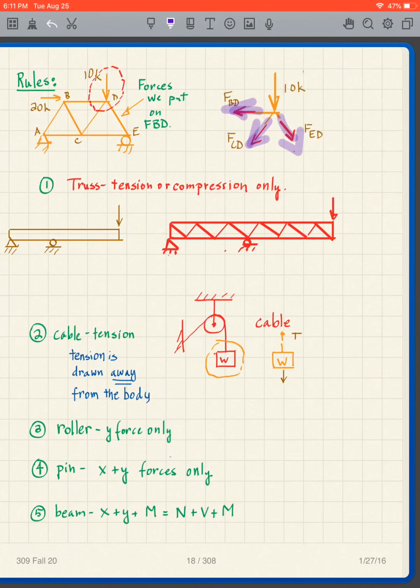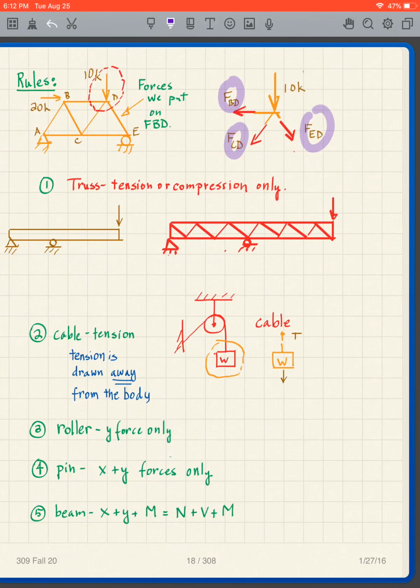When they go away from the body, that is tension because it's pulling, and it's pulling the body, not pushing the body. And then remember, we can do that because it's a letter. I could show tension or compression. I could show toward the body or away from the body, but the way everybody does it is showing it away from the body.